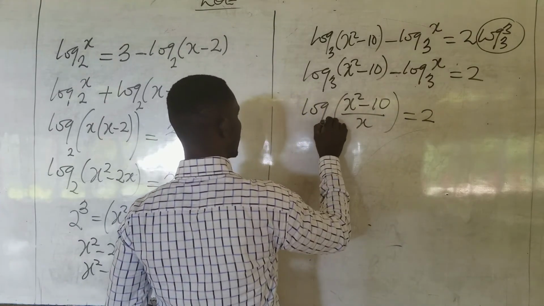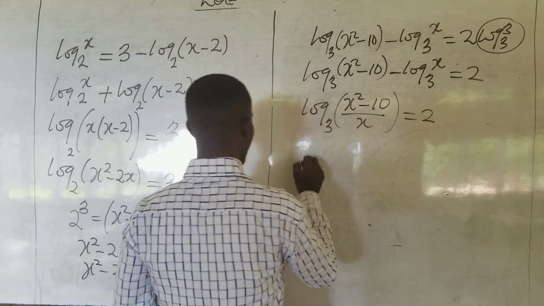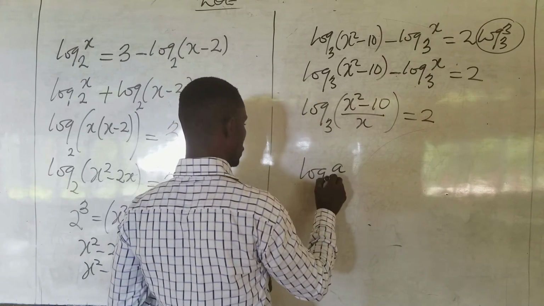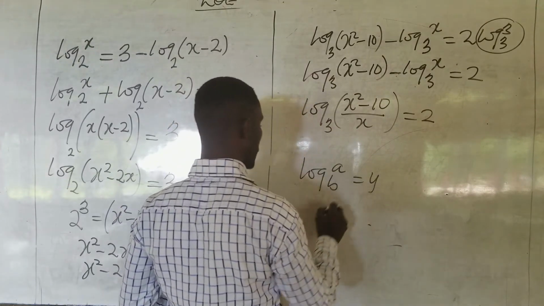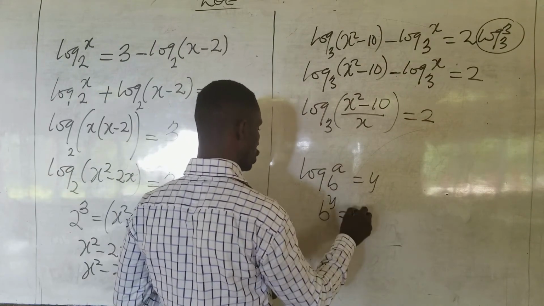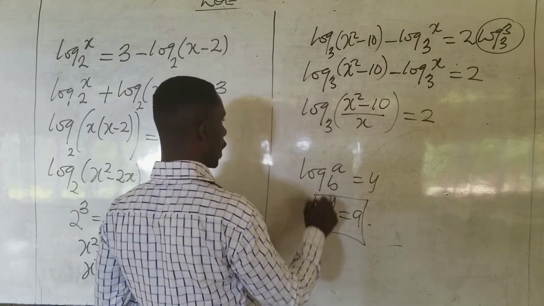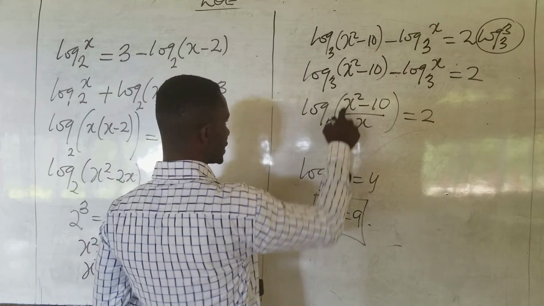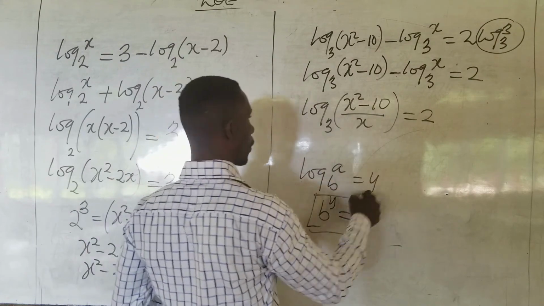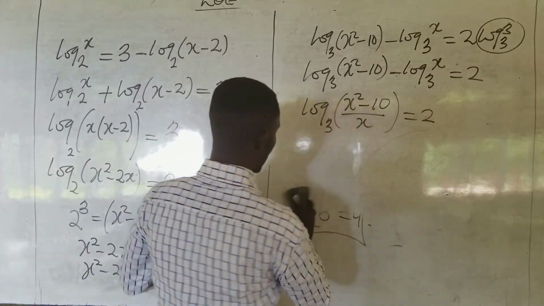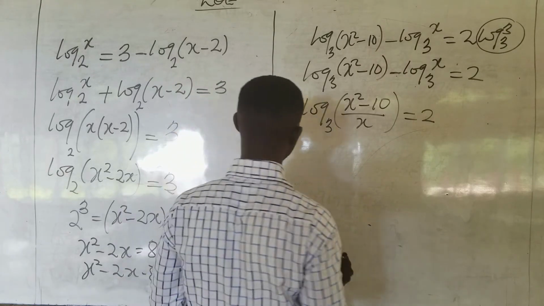Here the base is 3, and we are told that log a base b is equal to y, b raised to the power y is equal to a. So our b is 3, our a is x squared minus 10 over x, and our y is 2. So we go by that. That's the definition of logarithm.